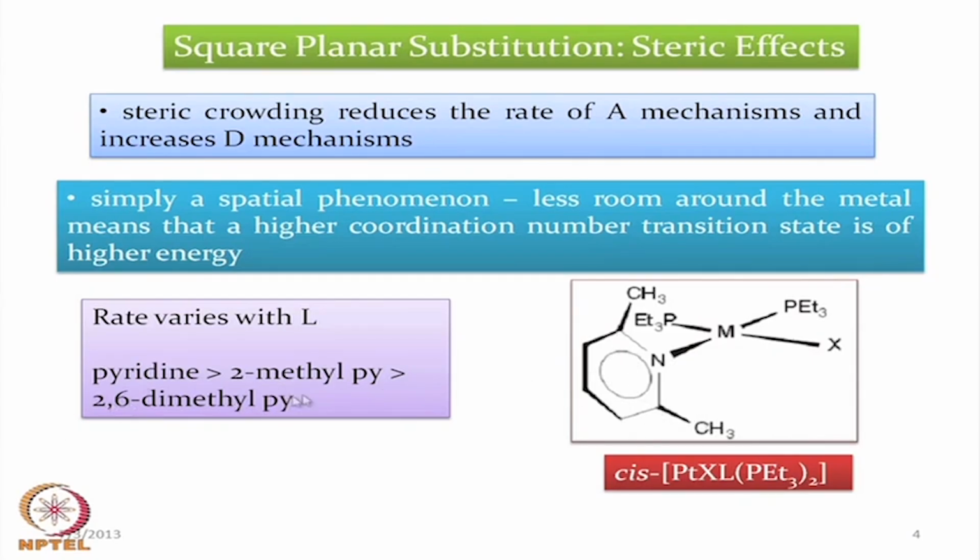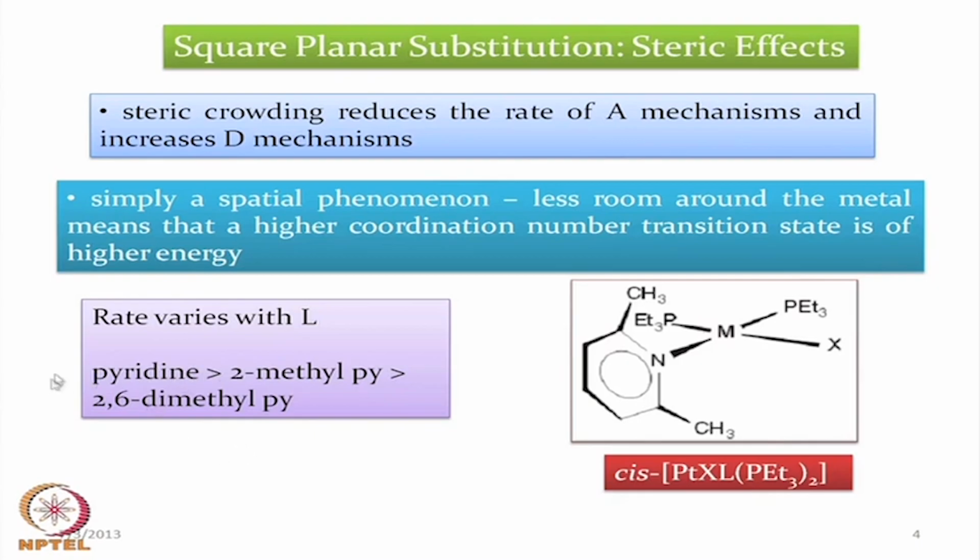Then in one case we can have one substitution, that means substitution at the 2 position, and then we can have substitution at both these 2 positions. So, as we increase in a stepwise manner the steric crowding around this nitrogen, the reactivity pattern is also changing.